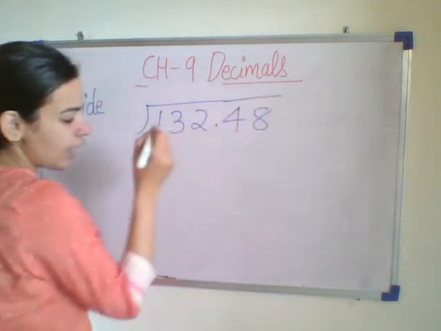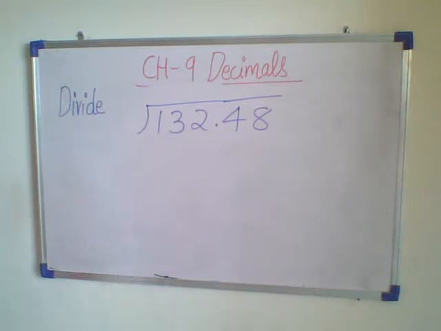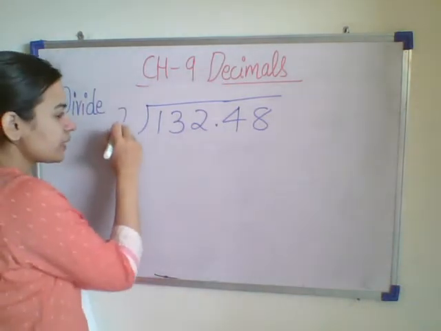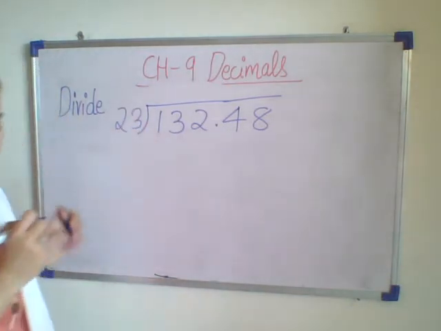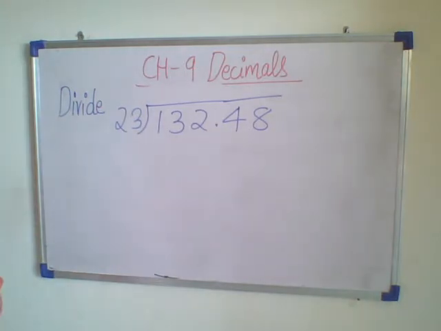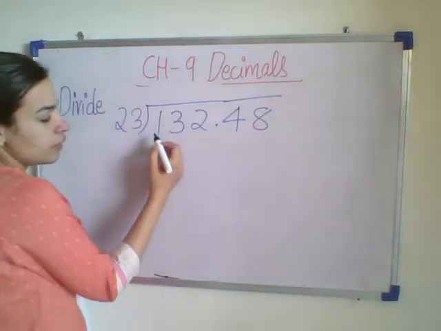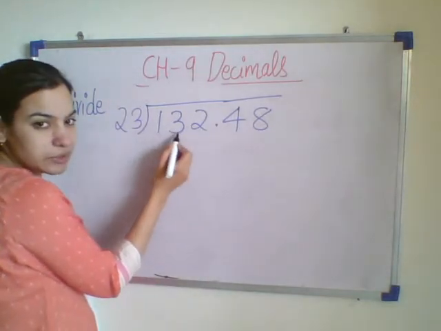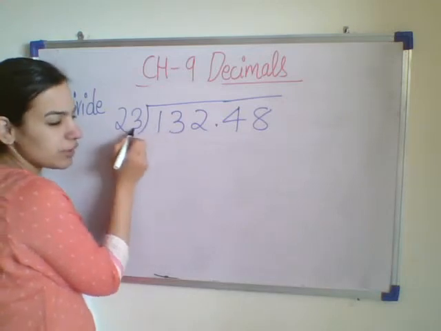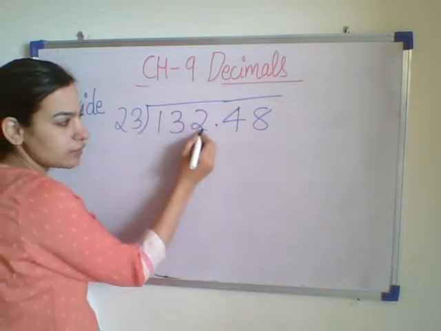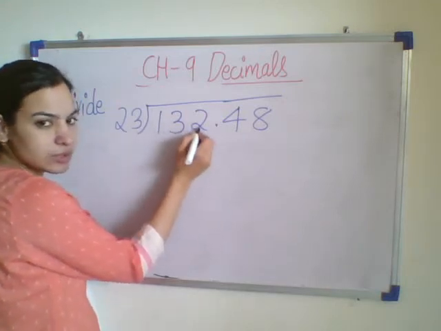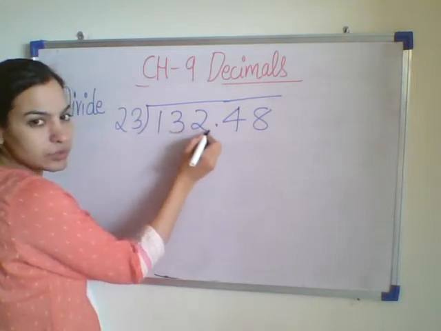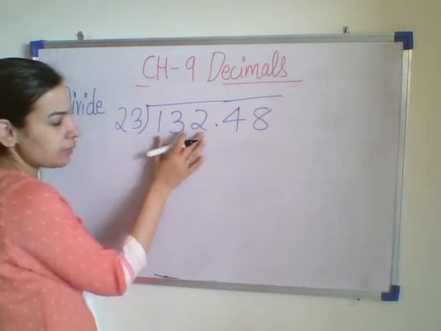We have to divide this number by 23. Now here you can see we are taking the first two digits, that is 13. It is smaller than 23. Now we will take this digit also, 1, 3, 2. We will be taking these three numbers.